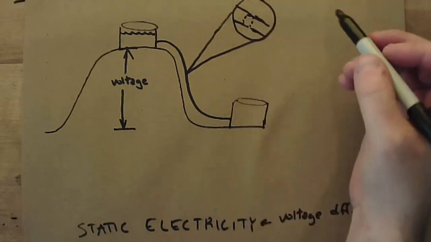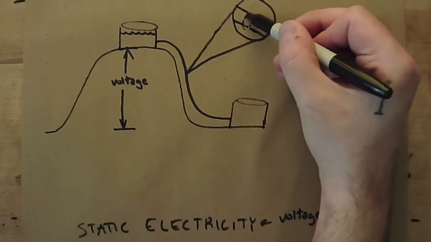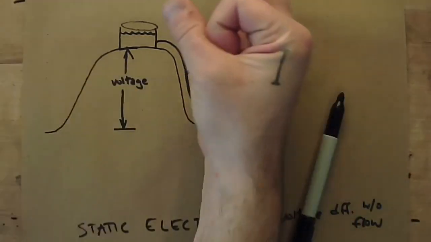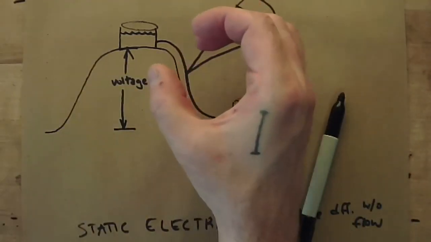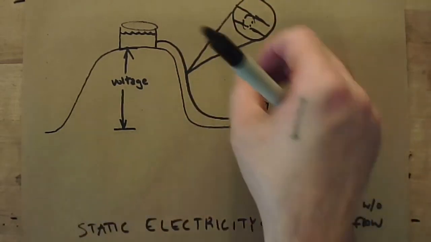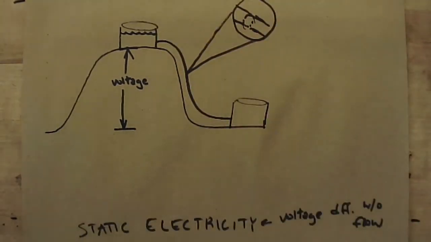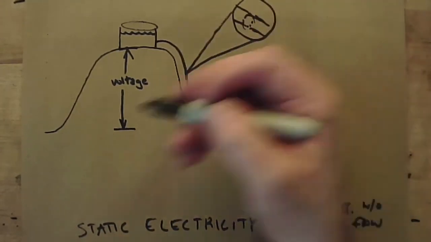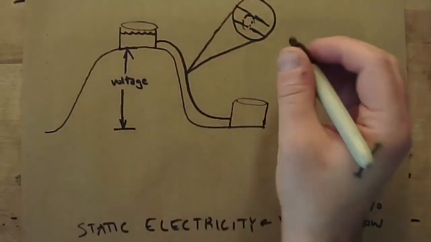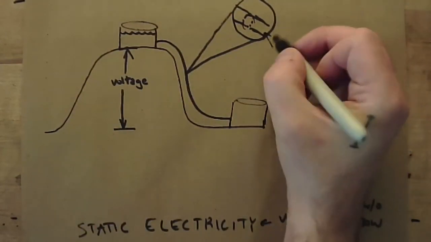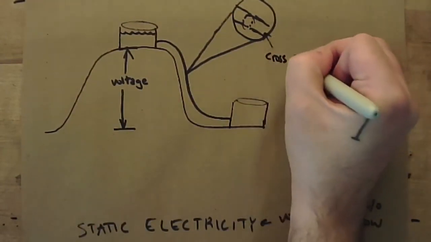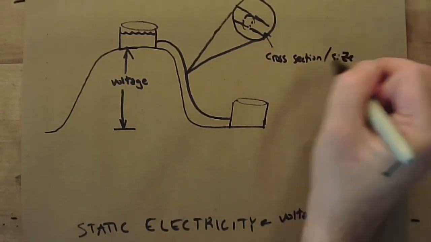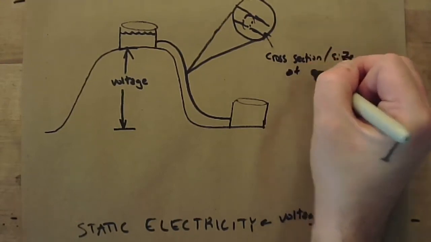Our hose has some manner of cross-section, right? The hose can be really small, or it can be a fire hose, or it can be like a massive oil pipeline, right? So we have a variable to think about in this whole situation, which is the cross-section or size of the hose.